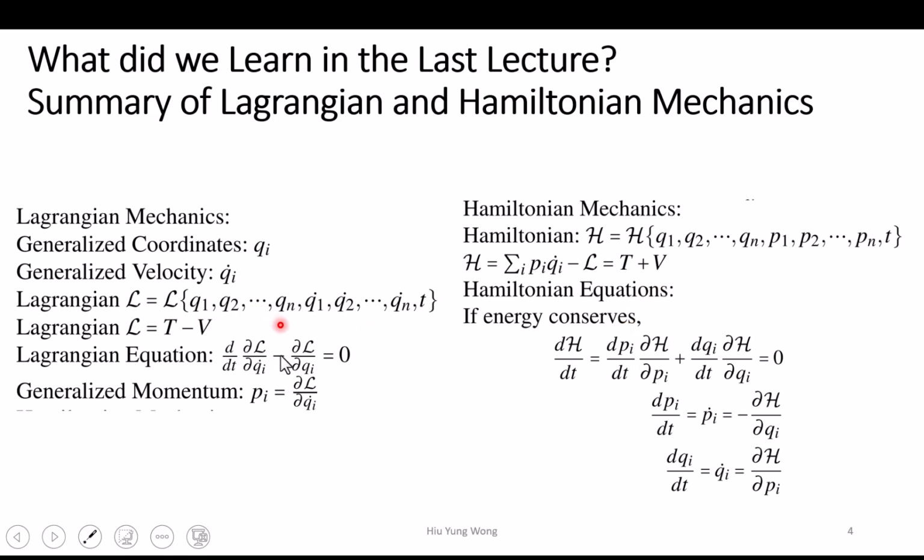Each of them has its own independent variables: generalized coordinate and velocity, or generalized coordinate and momentum. They can convert to each other through this equation, right? Or maybe say from Lagrangian to Hamiltonian through this equation. And both of them have their own equations, the Lagrange equation and the Hamilton equations, which we can use to deduce the equation of motion. Right? The rest is just a table.